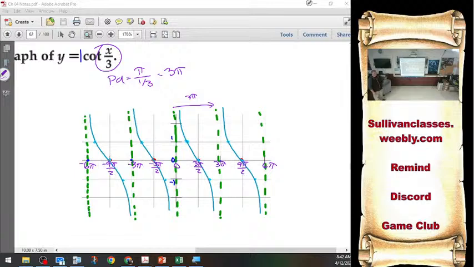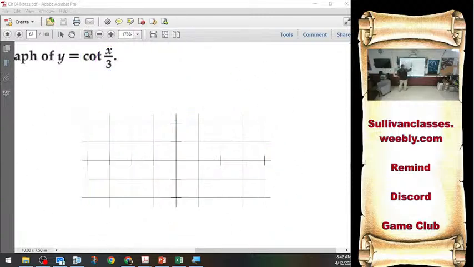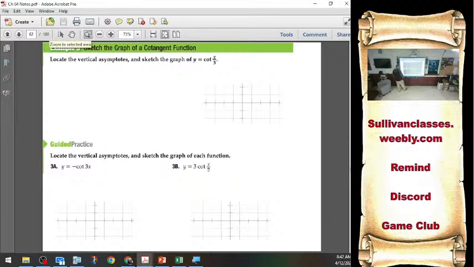The one that's got the grosser fractions in it. How about that? Okay. So, cotangent. Oh, no. This won't do.